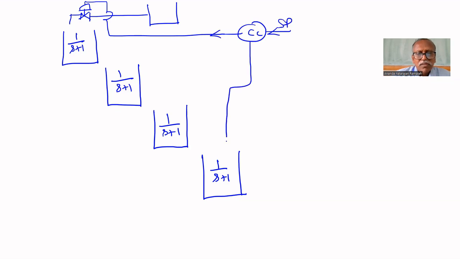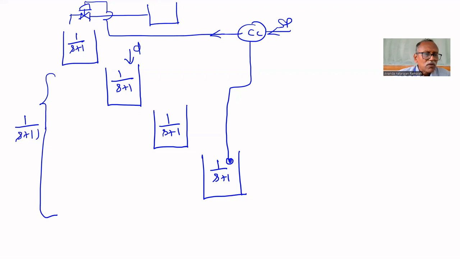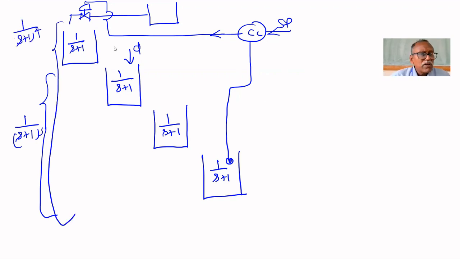The process variable is measured in the final tank. The disturbance is entering here. Therefore, the disturbance model is 1 upon s plus 1 whole cube. The input output model, given in the fourth tank, is 1 upon s plus 1 to the power 4.